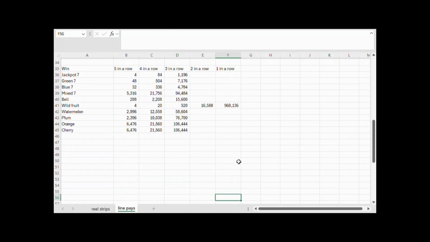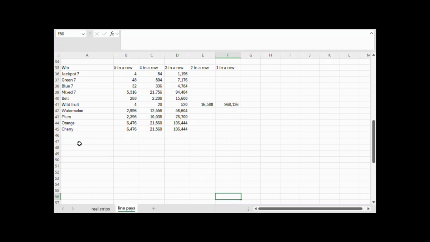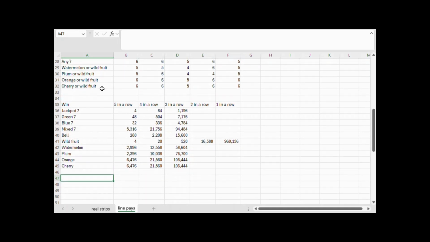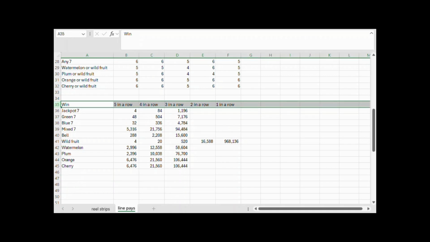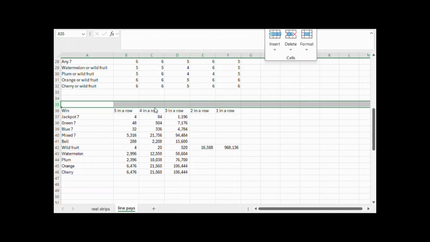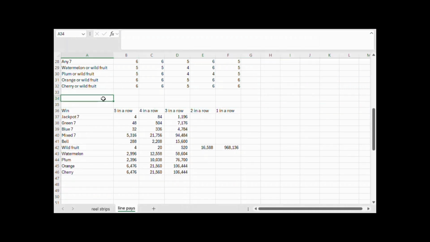Next, we're ready to figure out how much the game pays back to the player in terms of all these line pays. We've had the combinations, which was the hard part of this. In fact, let's title that just to make that look better. Let's insert a row. So here are our combinations.